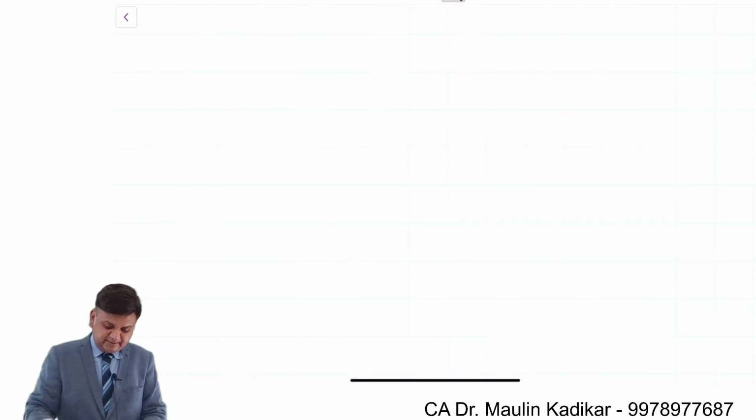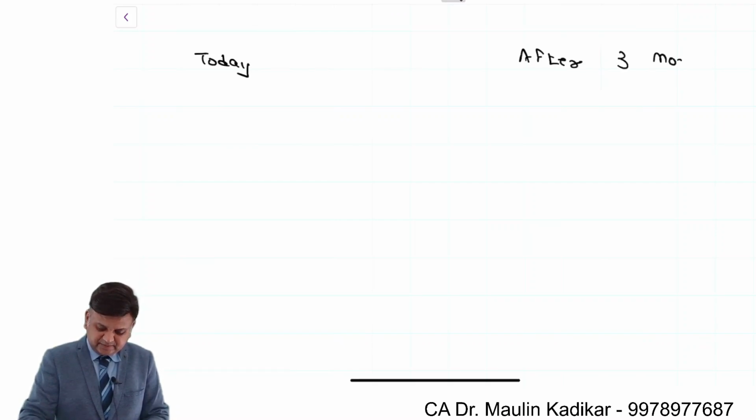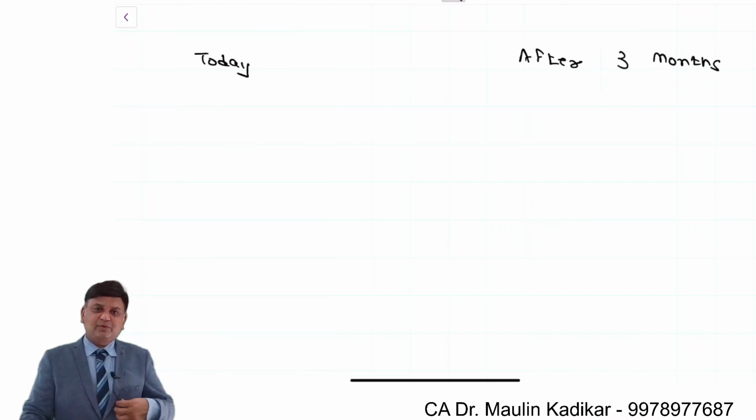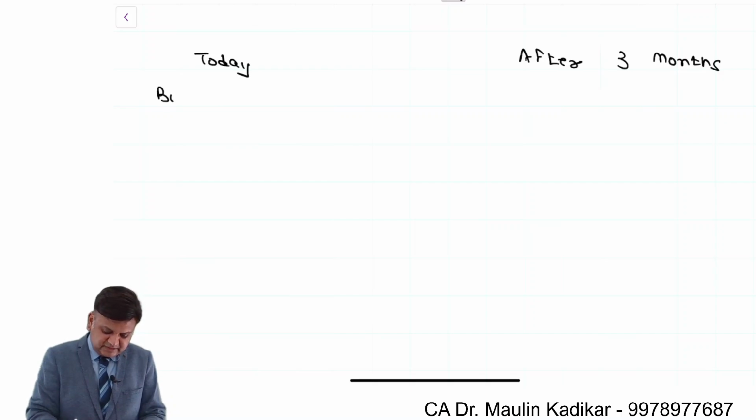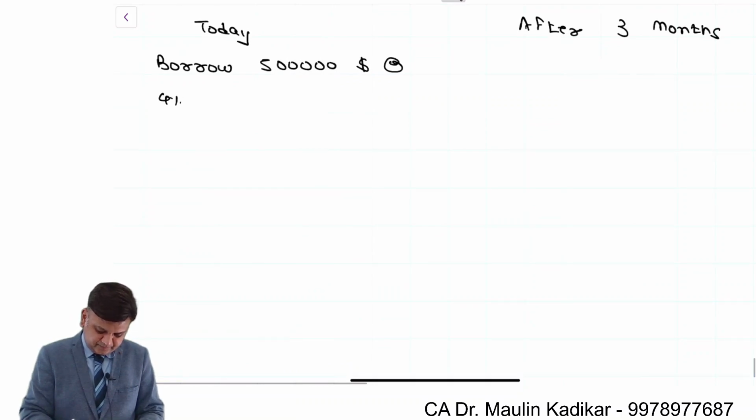Dear students, we understand today and after 3 months. We understand something like this. Basically, somebody has kept a deposit with us. It means that we have borrowed 5 lakh dollar at the rate of 4% for 3 months.